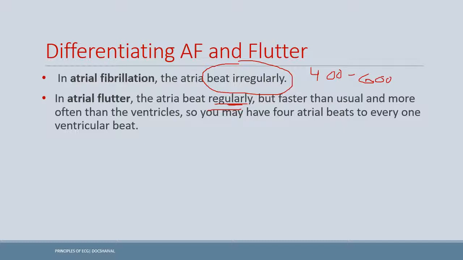So this point is to be remembered: in atrial flutter the rhythm is regular, while in atrial fibrillation it's irregular. You can remember it by seeing the term IR in the name, IR represents irregularity. And second thing, I've already told you that there are some ratios, 4 is to 1 beat, 2 is to 1 beat, 3 is to 1 beat in atrial flutter, something which we are going to see some other day.